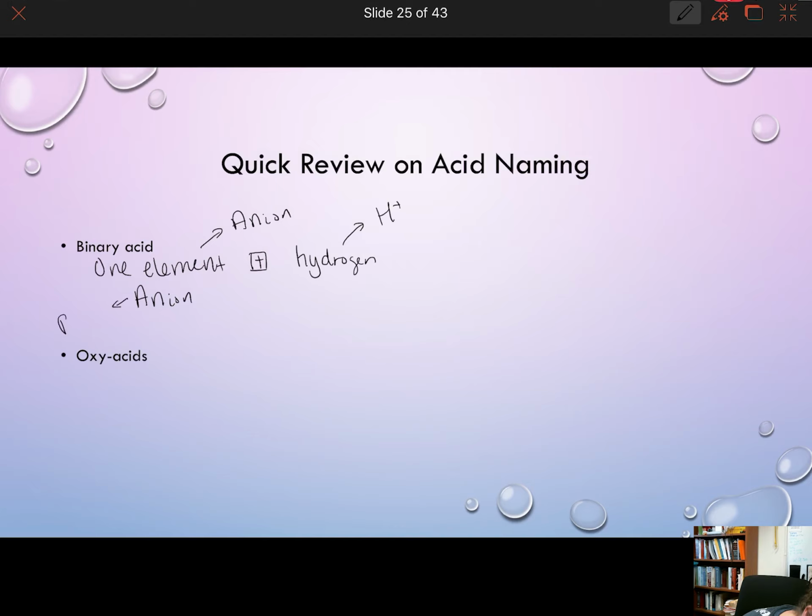So prefix hydro to the beginning, and then the suffix "ic" acid.